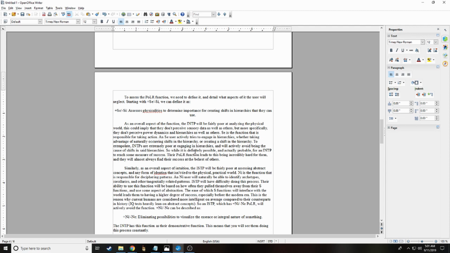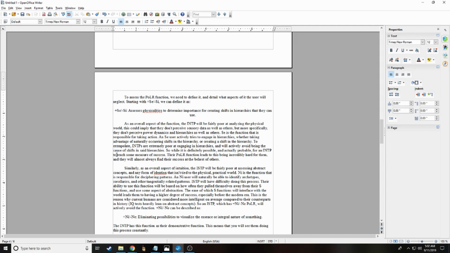So while it is definitely possible and actually probable for an INTP to reach some measure of success, their polar function leads to this being incredibly hard for them. And they will almost always find their success at the behest of others. So an INTP will not really be able to go out and just do something on their own.